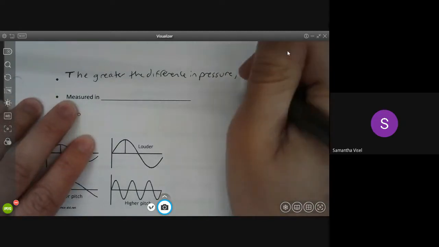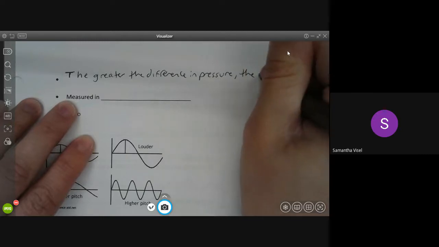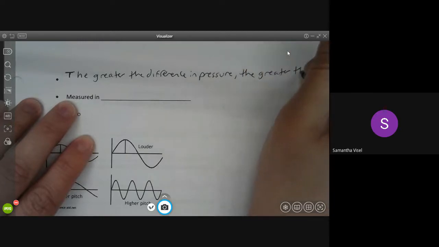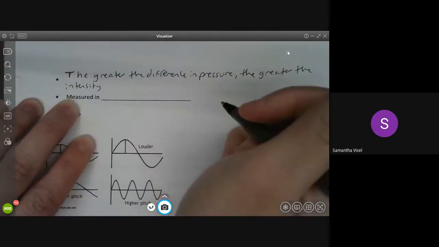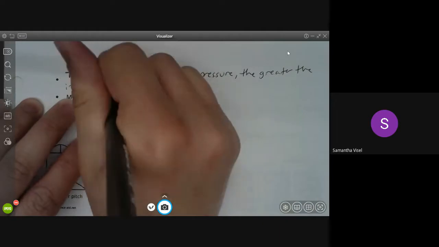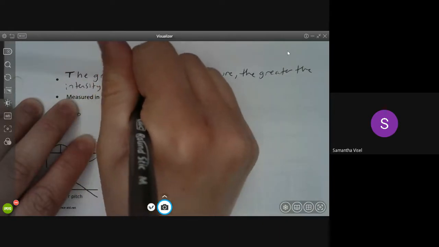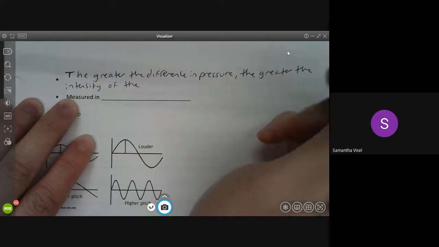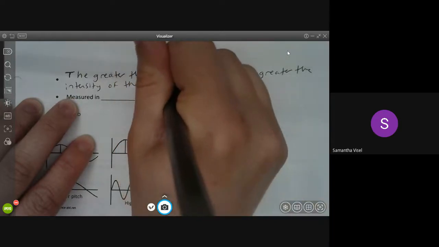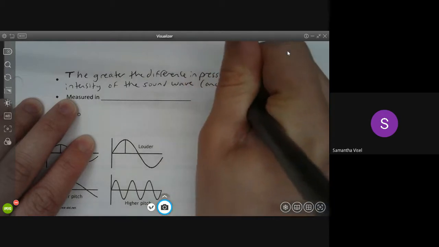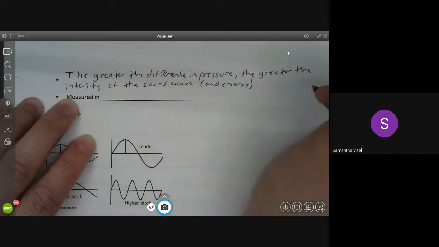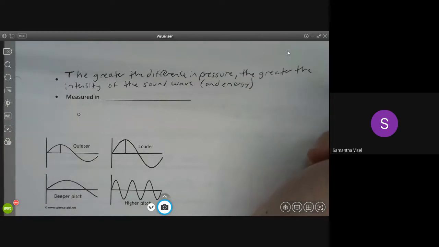So the greater the difference in pressure, the greater the intensity of the sound wave. And you throw in there energy. So higher energy means it's more intense, means it has a greater difference in those pressure variations.